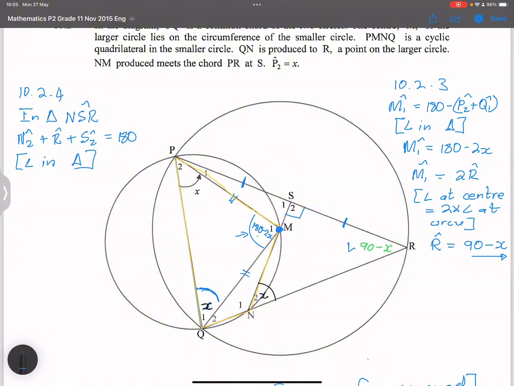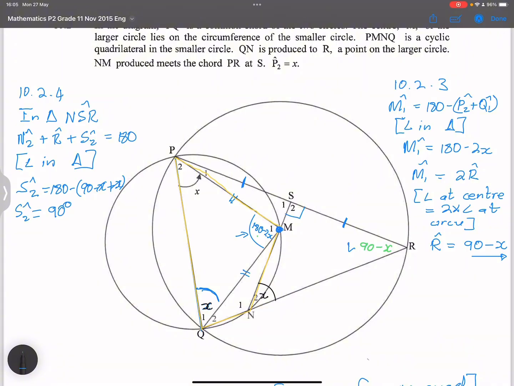So now I know that angle S2 will be 180 minus 90 minus x plus x. Look at this, that cancels with that. I'm left with 180 minus 90, which is equal to 90 degrees. There it is, ladies and gents. We've proven that that is a 90-degree angle.